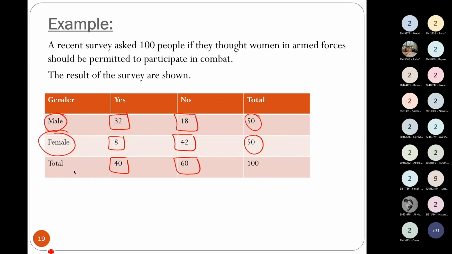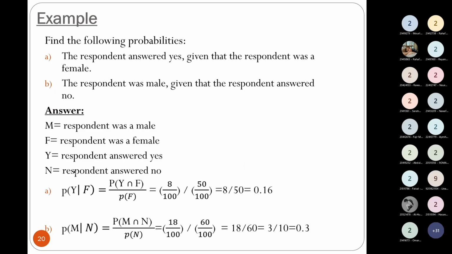Now, the question: the respondent answered yes, given the respondent was female. This equals the probability of yes and female over the probability of female.